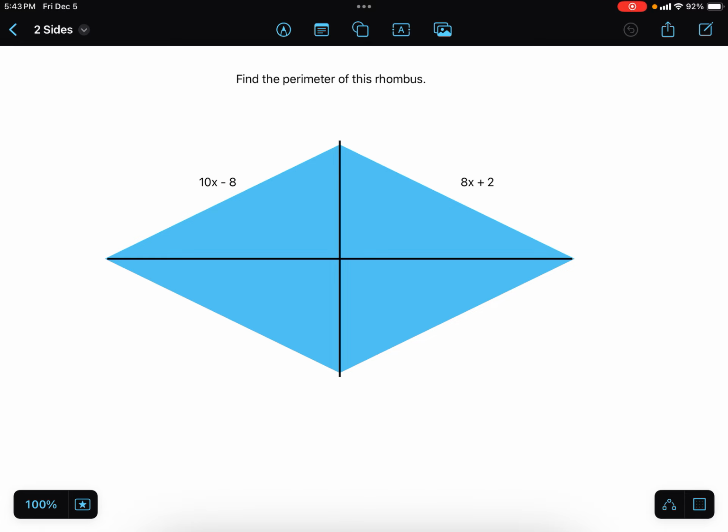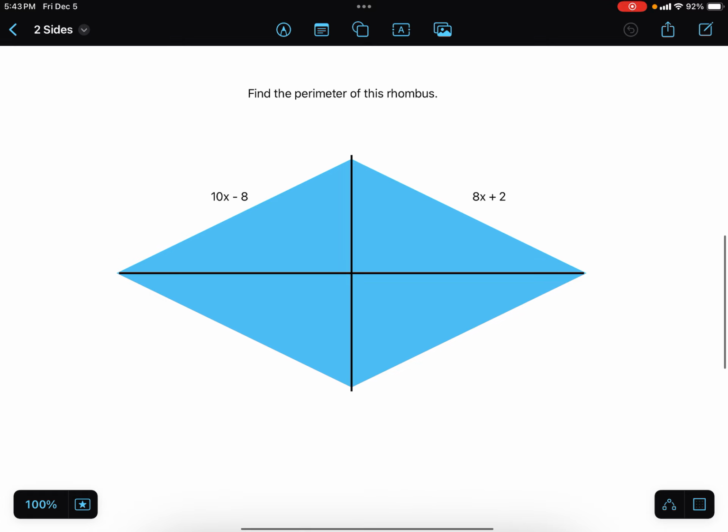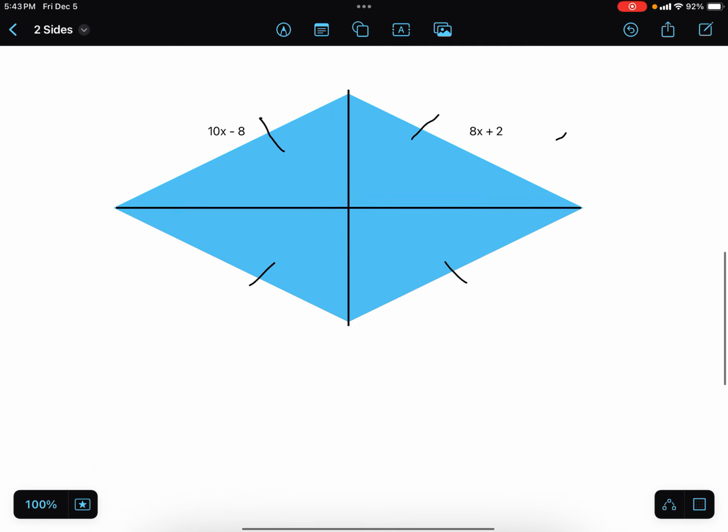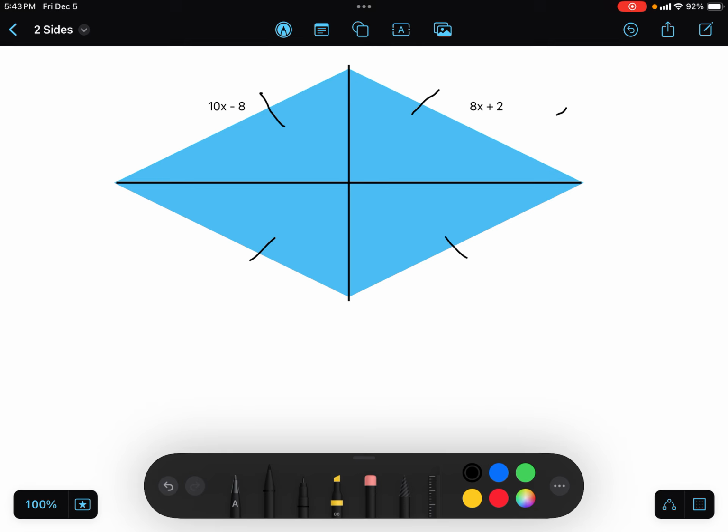Well, the big deal here is that the sides of a rhombus are all congruent. So let's mark them congruent. 1, 2, 3, 4. Now, these 2 here that we have expressions for are congruent, so let me move this up a little bit so we can get some working room.